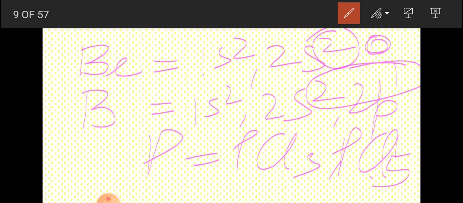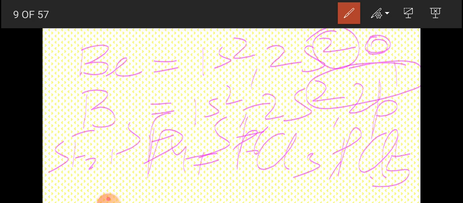Sulfur shows covalency of 2, 4 and 6: SF2, SF4, SF6. Chlorine shows covalency of 1, 3, 5, 7 and it is called variable covalency.